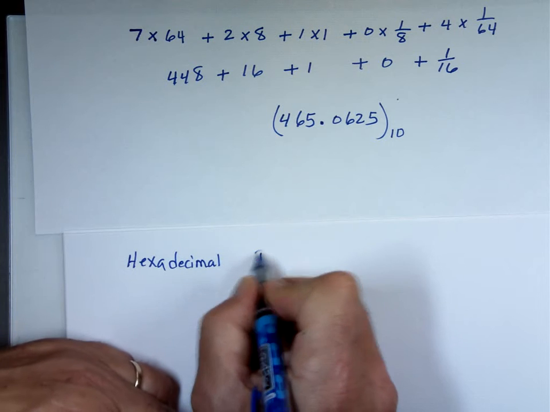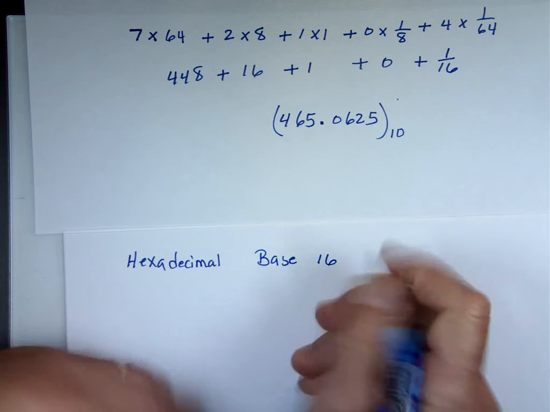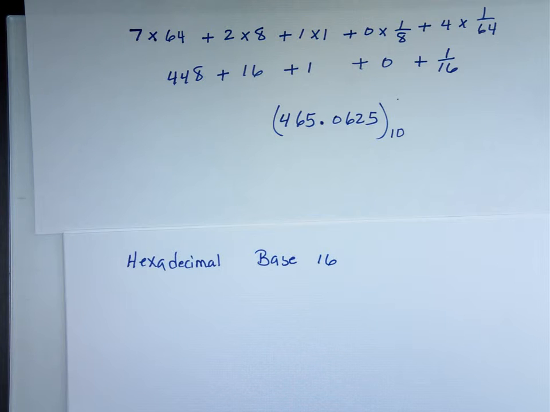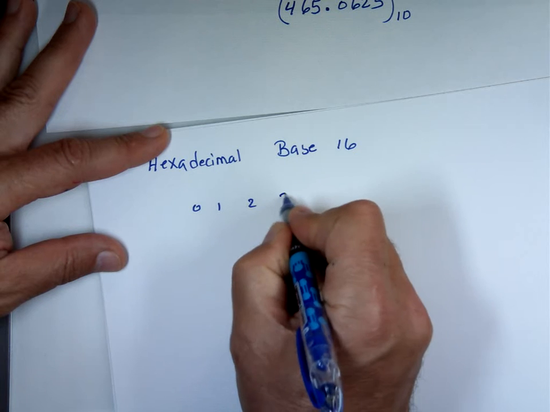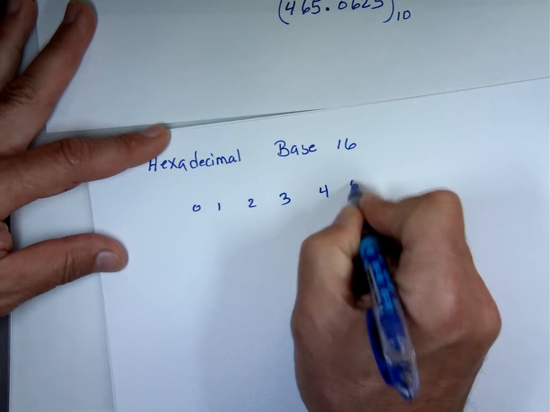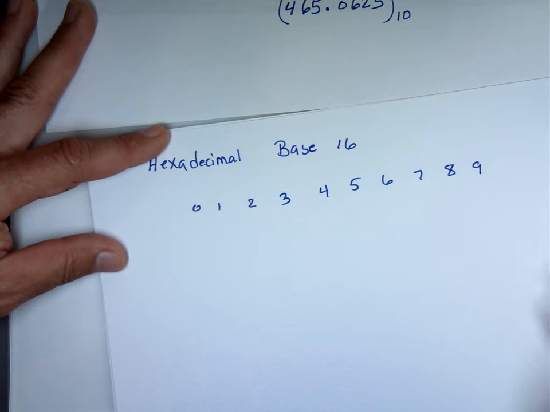Hexadecimal is base 16. So the biggest digit is 15. Well, to write 15, that's 2 digits. That becomes a problem. So we write the numbers 0, 1, 2, 3, 4, 5, 6, 7, 8, 9. Then we hit 10.